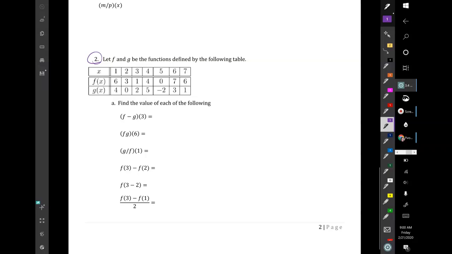So for part 2a, the answer will be -1 for the first one, then 21, 2/3, -2, 6, and -5/2. So if you want to just try those, go for it and ask about anything in class.